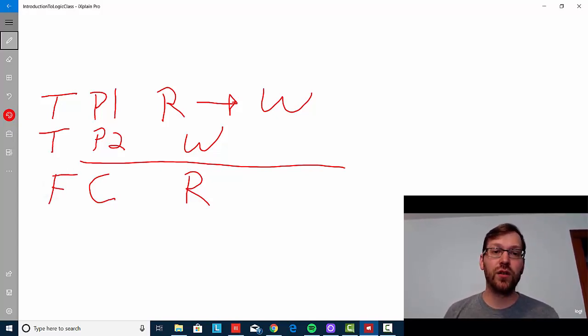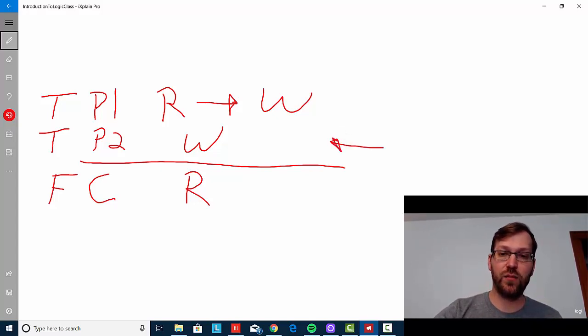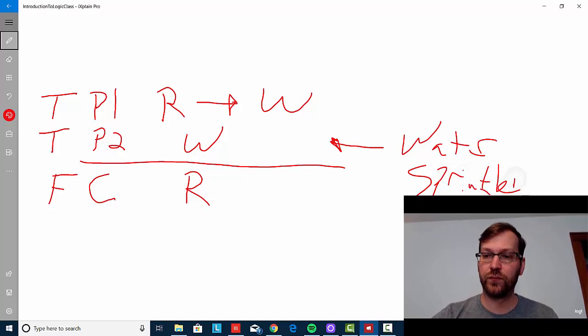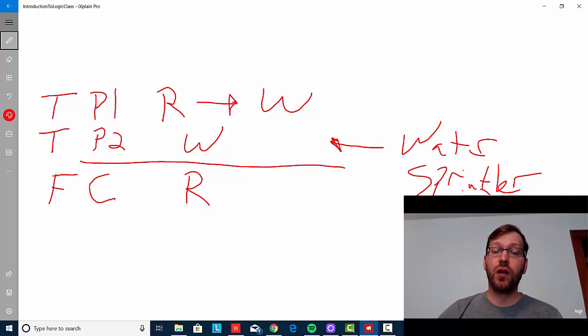Well, maybe what caused the grass to be wet is a water sprinkler, or dew, or some other way in which the grass could be wet. So even though it didn't rain, it was the water sprinkler that made the grass wet, it would still be true that if it rained, the grass would be wet. So here we have premise 1 and premise 2 being true, but the conclusion being false.